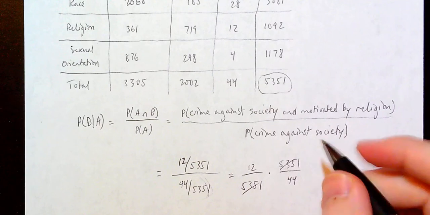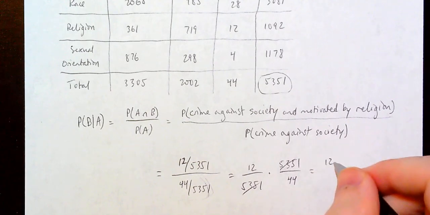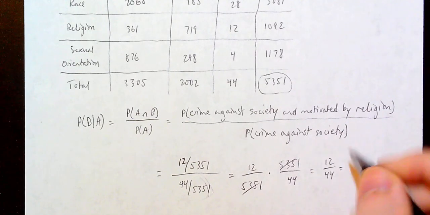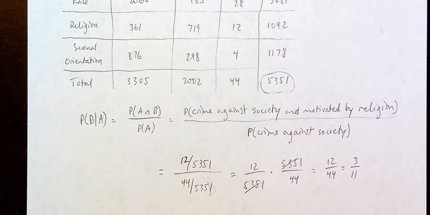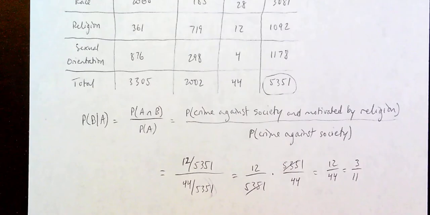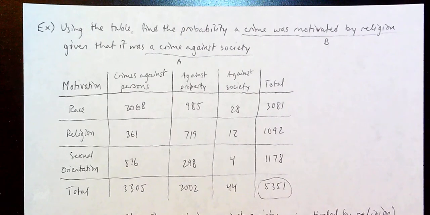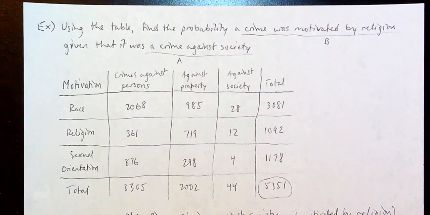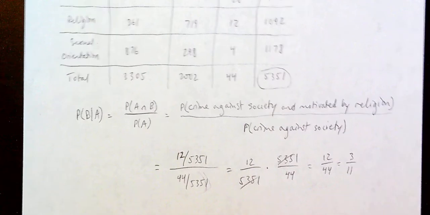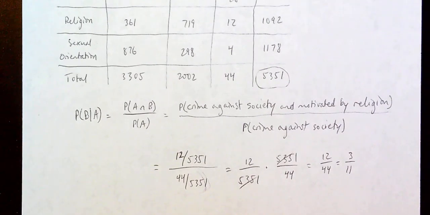The 5,351s cancel out, and we have 12 over 44, which is the same thing as 3 over 11. So the probability that a crime was motivated by religion, given that it was a crime against society, is going to be 3 over 11.